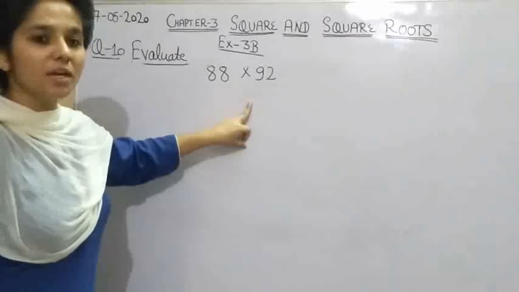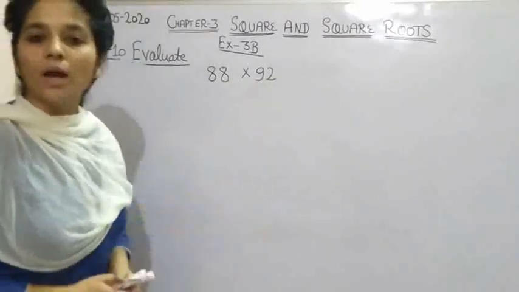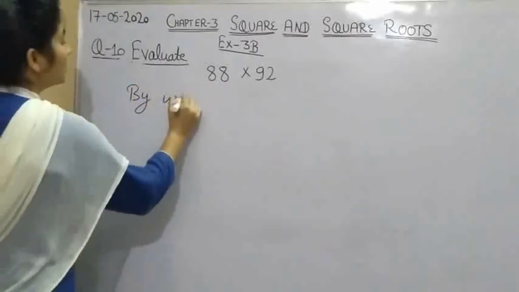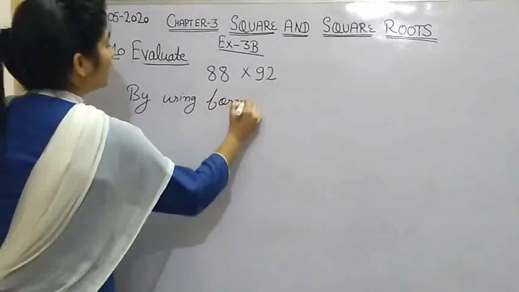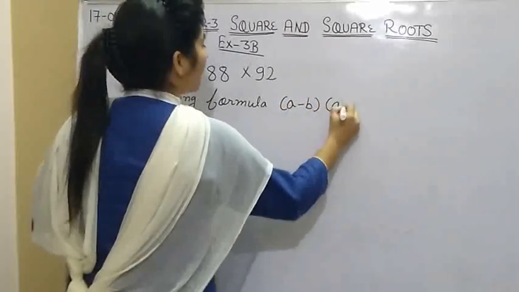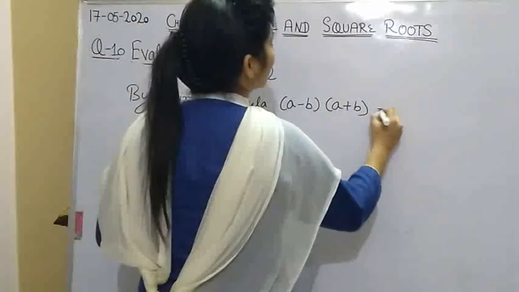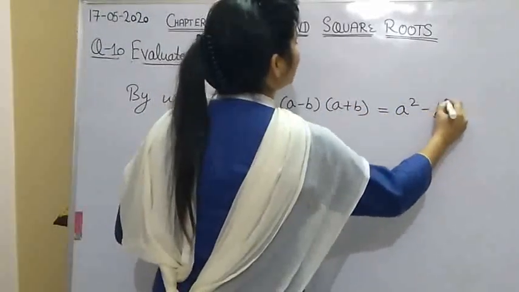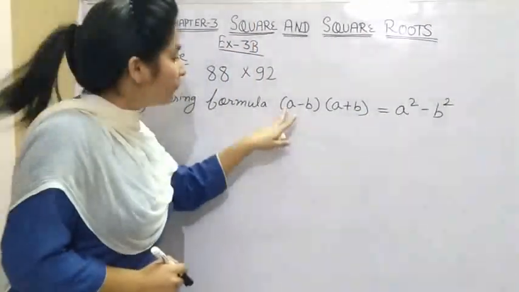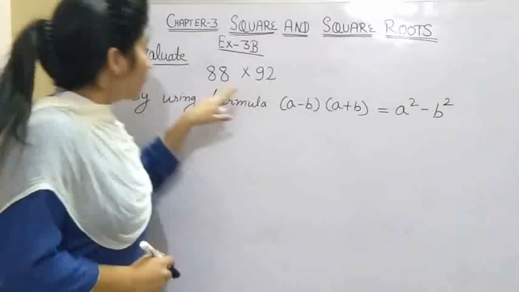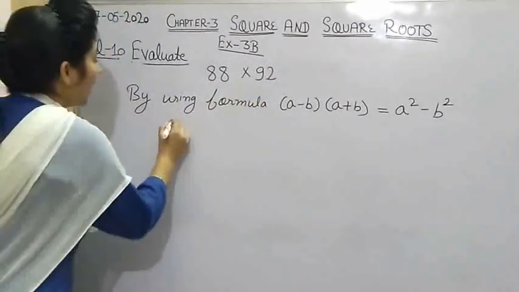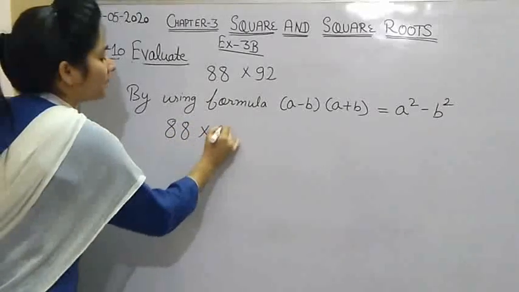Again by using the formula (a minus b)(a plus b) equals a square minus b square. Again, we will find the value of a and b from the given numbers 88 multiply 92.